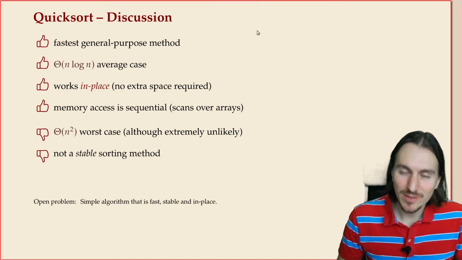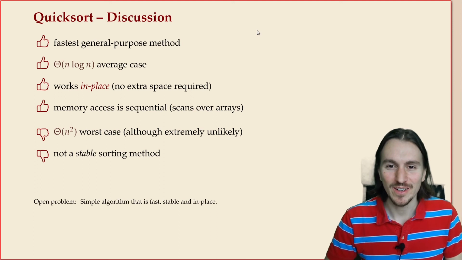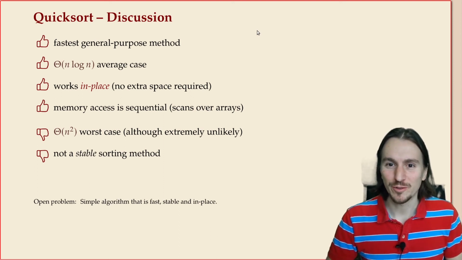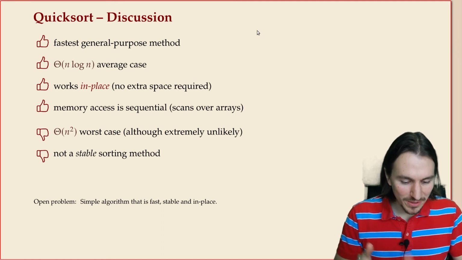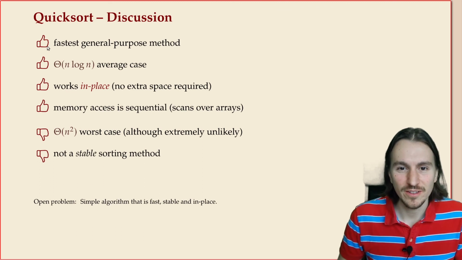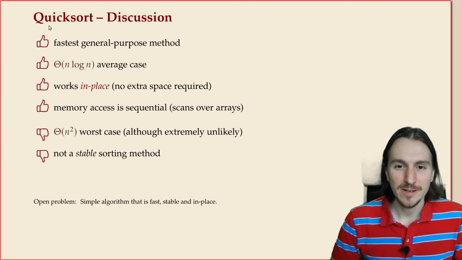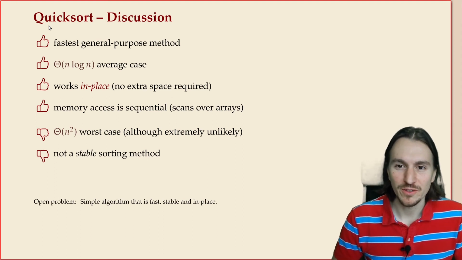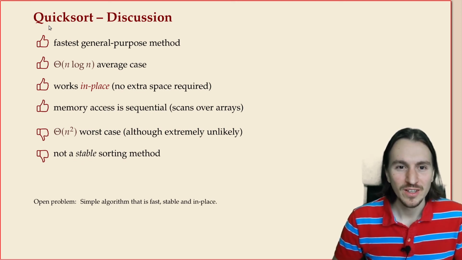Okay, so much for the analysis part. This last slide is basically just for your interest. To wrap up the discussion of Quicksort, appropriately for its name, it's the fastest general purpose sorting method in practice, and all programming libraries I know of have a Quicksort implementation.